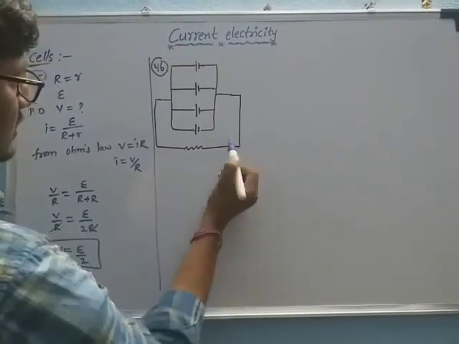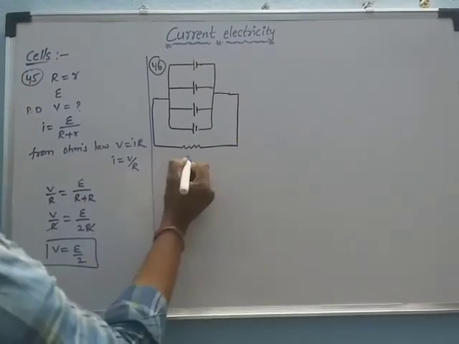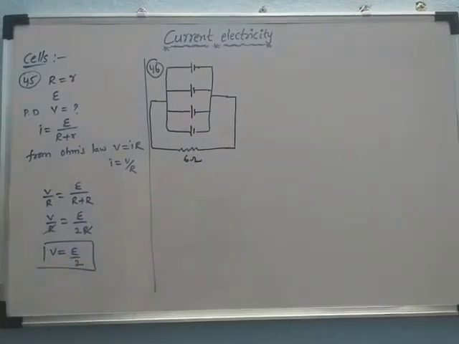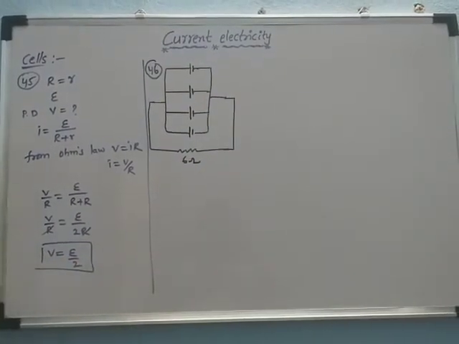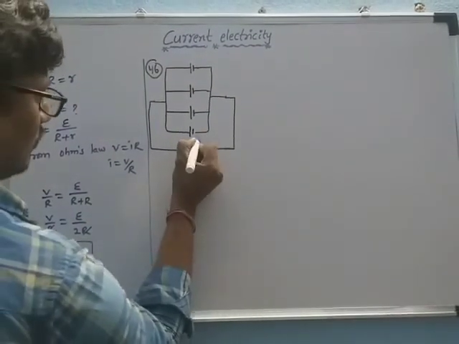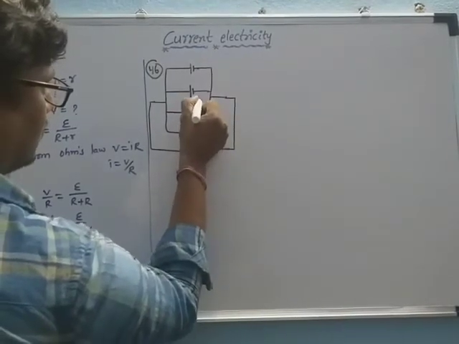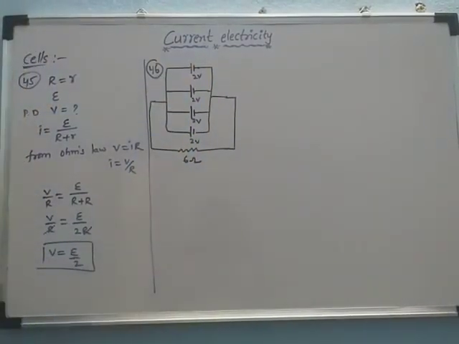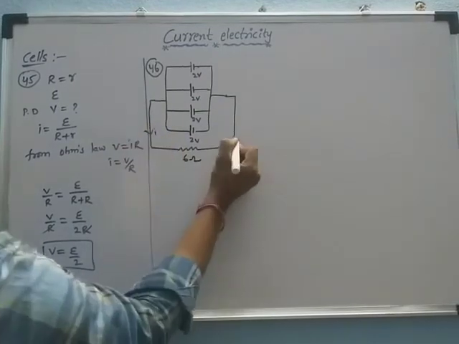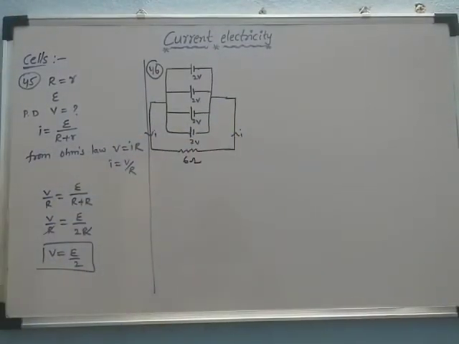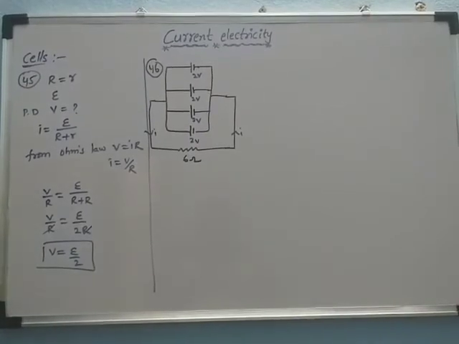The external resistance is 6 ohm, and the EMF of each cell is 2 volts. Then find out the current in the circuit. We know the formula: the cells are connected in parallel.